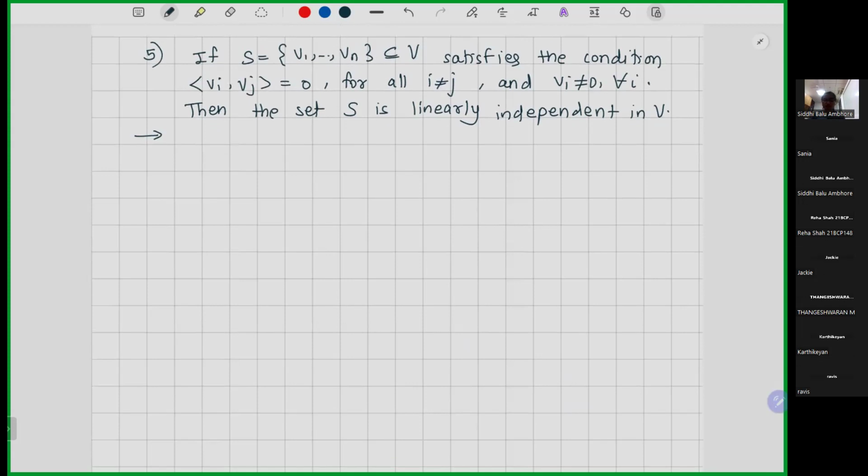They are asking that S is such that the inner product of each element with any other is 0 whenever i is not equal to j, and Vi is non-zero.